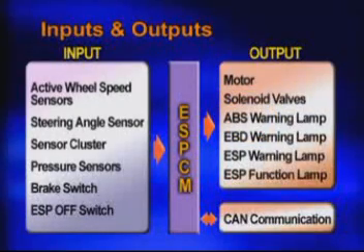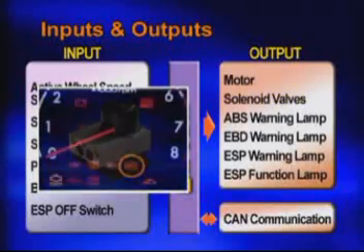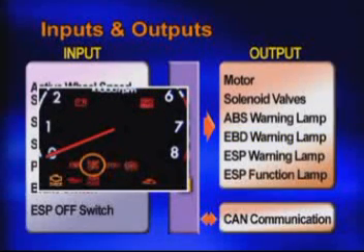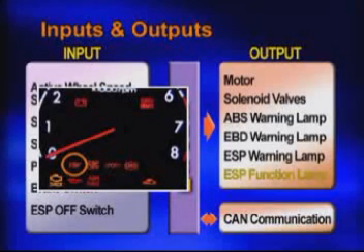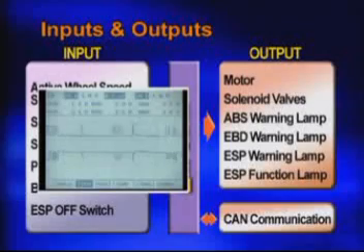As for the outputs, there's a motor pump, solenoid valves, ABS warning lamp, EBD warning lamp, TCS and ESP warning lamp, TCS and ESP function lamp, and CAN communication line with the power control module, or PCM.